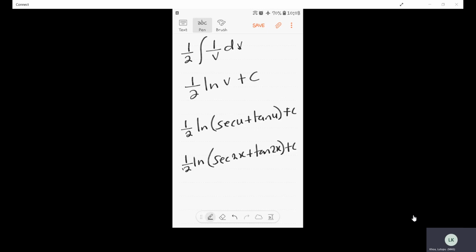Okay, so this involved the double substitution, but again, if you try to differentiate this, you will notice that your answer is exactly the same.